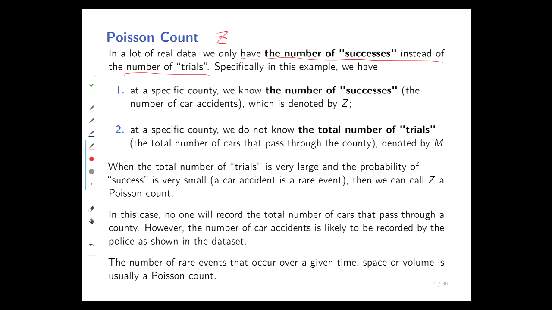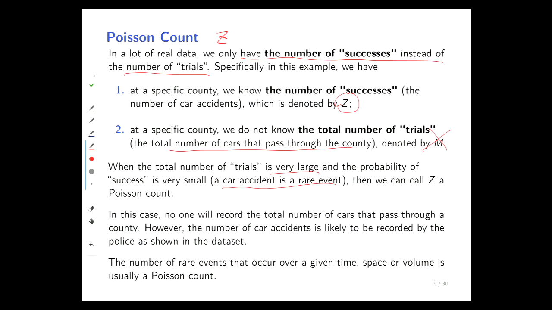In this specific example, we know the number of successes, which is the number of car accidents, denoted by Z, but we do not have the total number of cars that pass through the county, denoted by M. But we know the total number of cars should be very large, and also the probability of a car accident is really small, so that's a rare event.